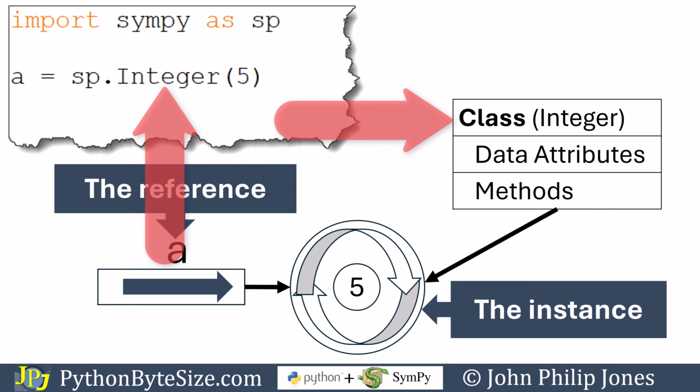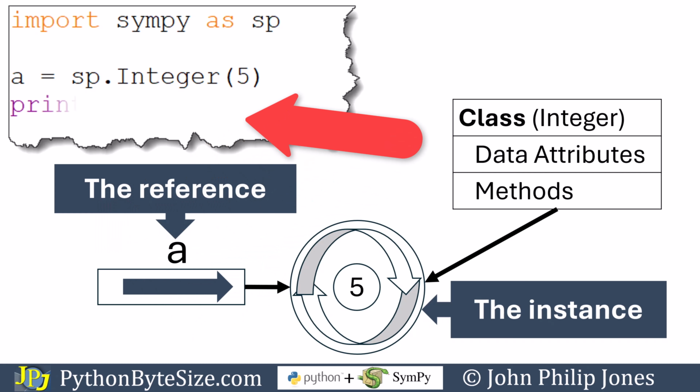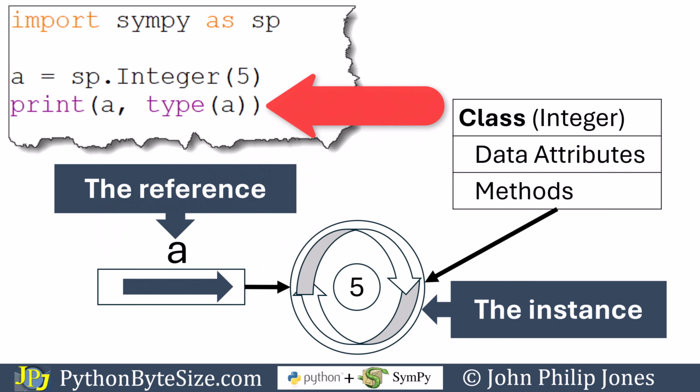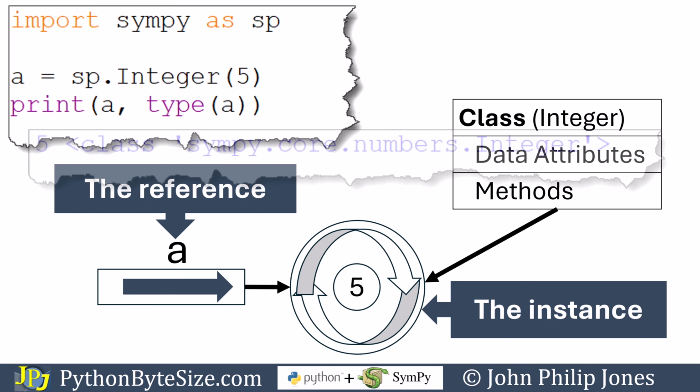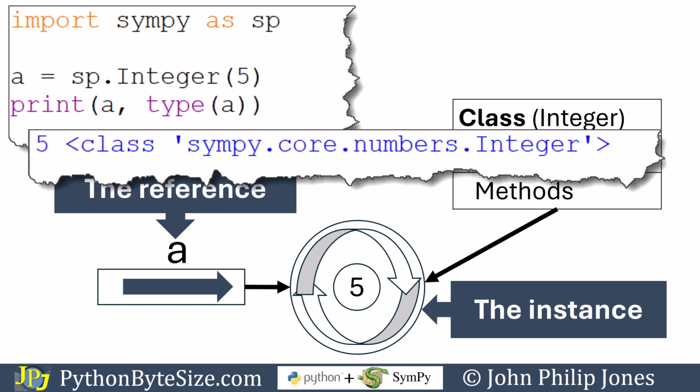Turn your attention to the computer program and you can see I'm adding another line. What this line is going to do is print out A and also print out the type of A. But let's walk through and see what this is actually doing by viewing the runtime, which you can see is coming into view now. So this print will print A. So we go to A, which is the reference to where the object is. This is the object, so this 5 is placed here.